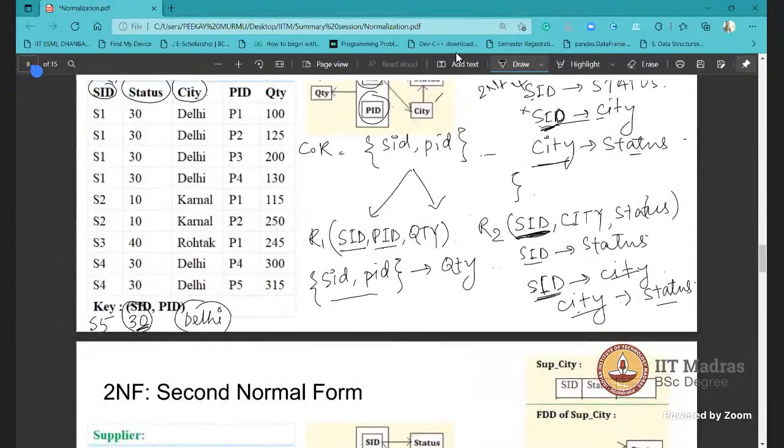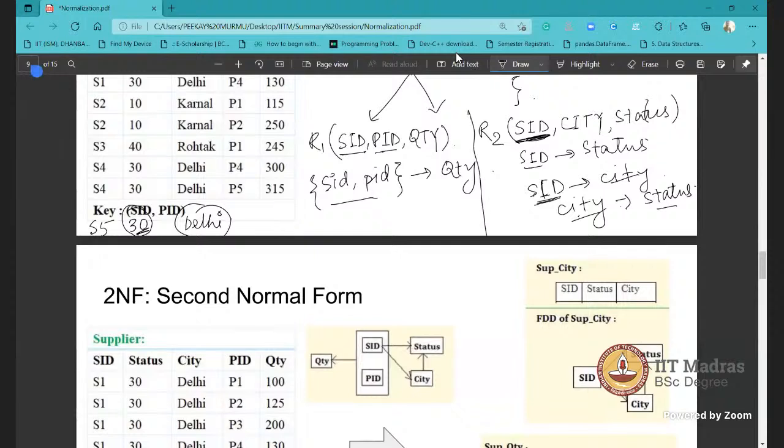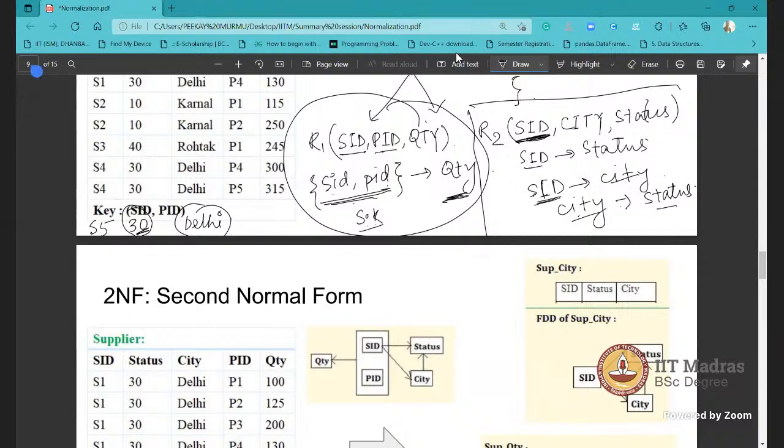If we consider only this part, because it is in the second normal form, we also check whether the left side is a super key. If it is a candidate key, then it is also a super key. So what are the three conditions? If the left side is a super key, then it is in third normal form, or the right side is a prime attribute.